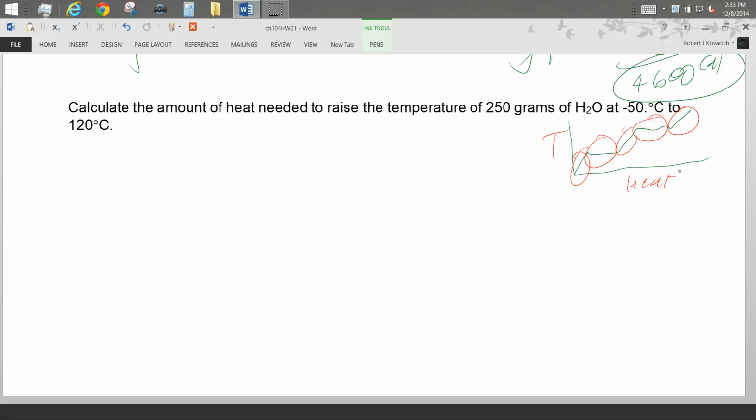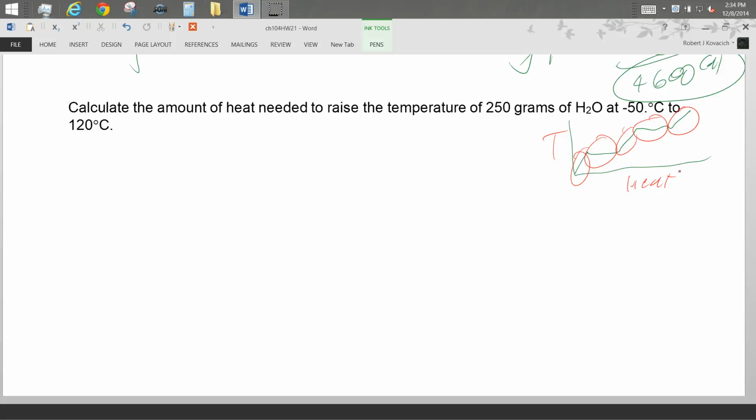Then you subtract off what you started, so it's minus 50. That's why it becomes 50. And that makes sense. If you had a negative number, you'd end up with negative calories, and it doesn't make any sense that you take energy out of an ice cube and it gets warmer. So make sure it's obviously a positive value.